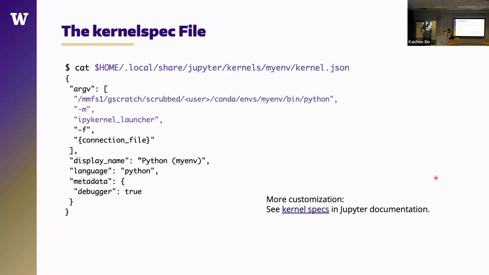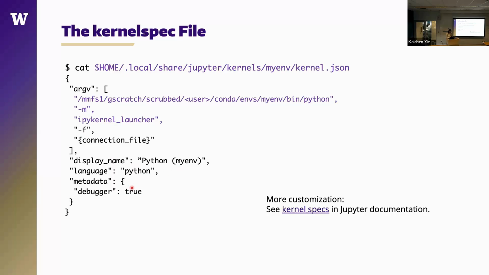Here I just show an example kernel spec file, the kernel.json file, for a custom environment. The key fields here are the argv, which is the command line arguments to start the kernel. And the display name is the name that will be shown in the Jupyter interface.